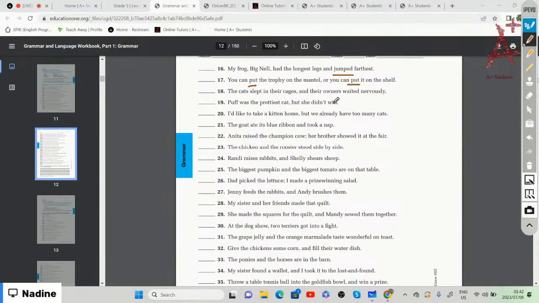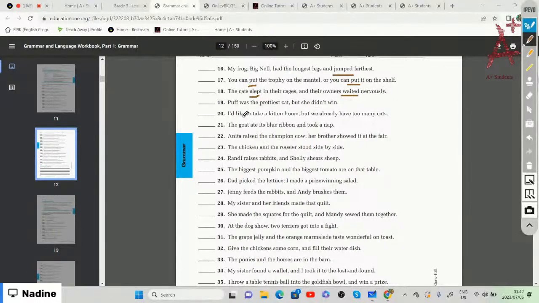There are two verbs within that sentence, so we need to choose two verbs. If we select the verbs, we will say slept and waited. Those are the two verbs within that sentence.